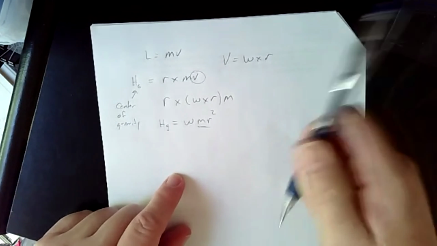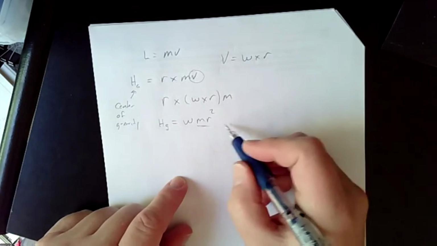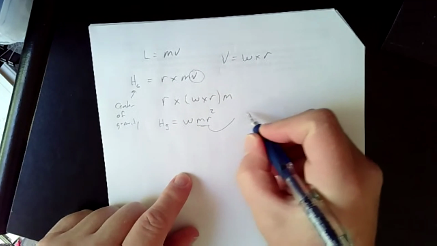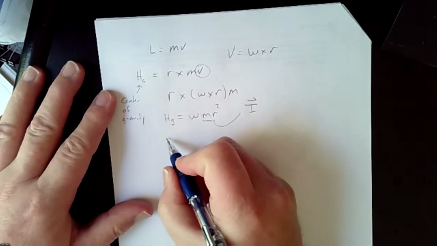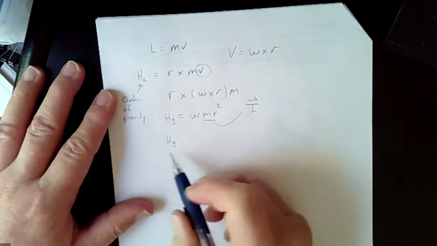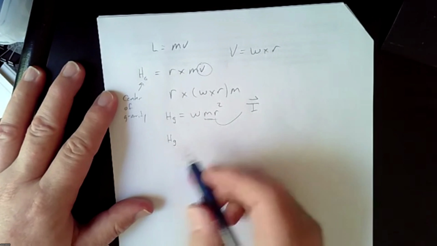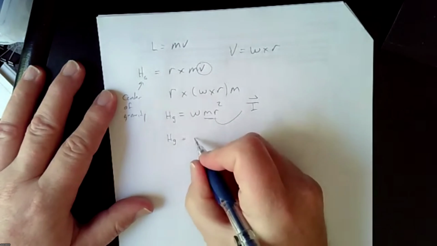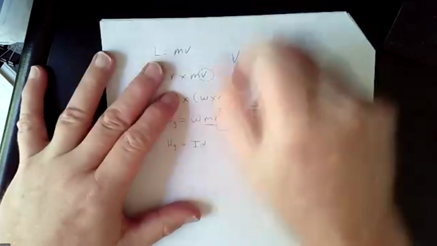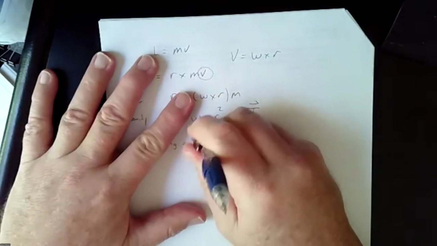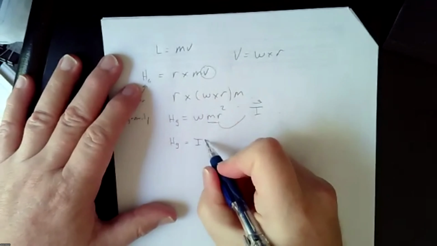I've skipped a few steps, but that's effectively what it is. The book and the first lecture go into more detail. So what does that equal? Well, we know that mr squared is equivalent to I. So what it says is that the angular momentum about G can be written as I omega.